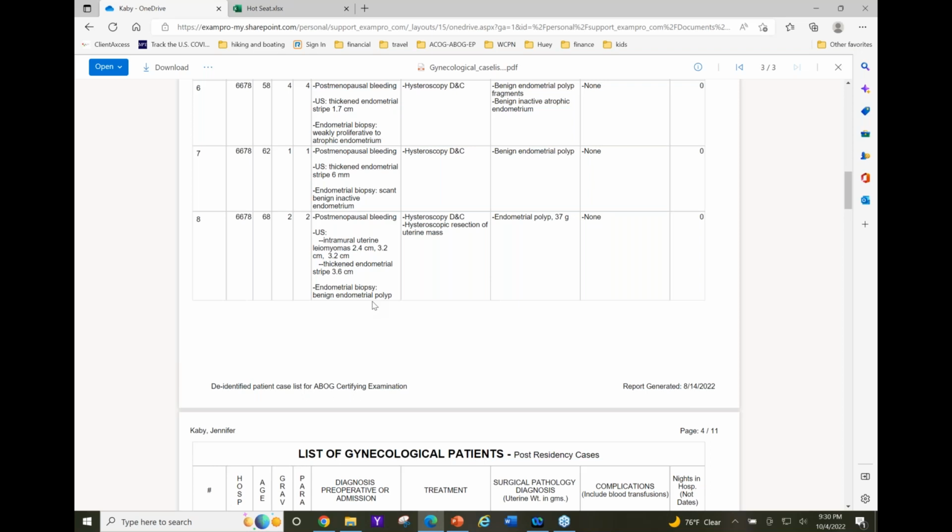I believe with the new guidelines, they have benign, and then they have EIN, I believe, and then malignancy.